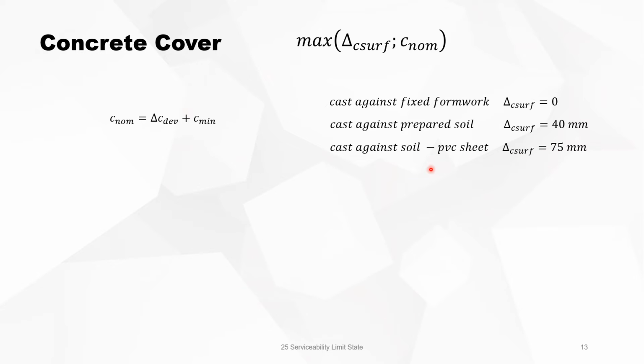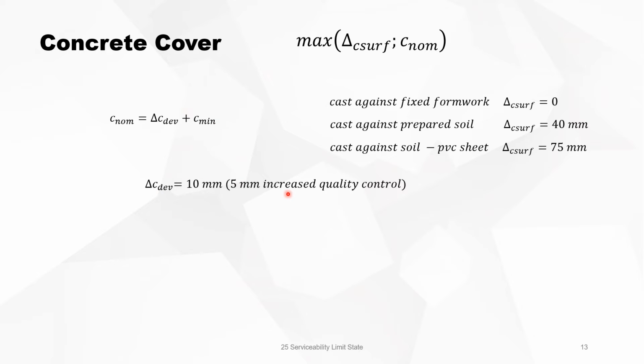So you see, if you just pour concrete like a foundation slab on a PVC sheet or on sand, then you have a concrete cover of at least 75 millimeters, and this will then be dominant. C nominal is delta C dev plus C min. Delta C dev, the error on C min, it's 10 millimeters in all cases.